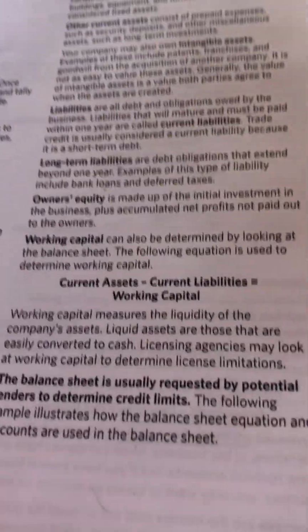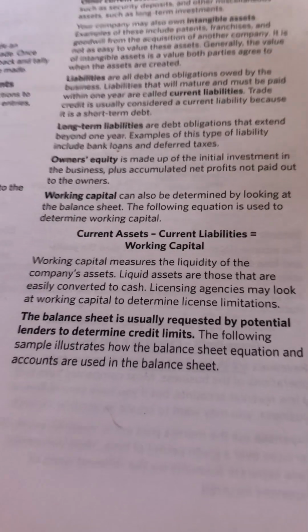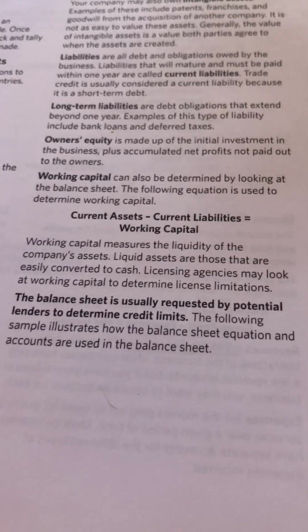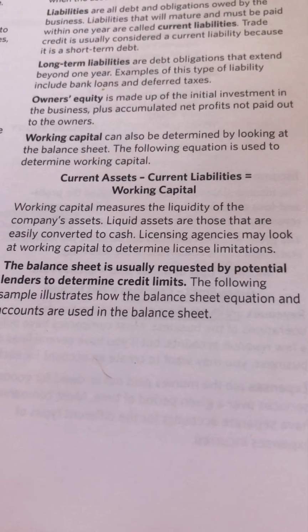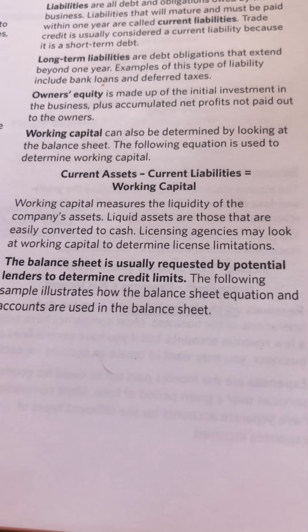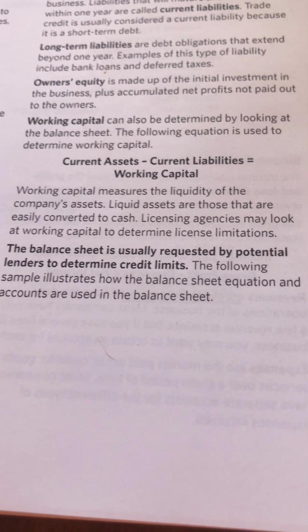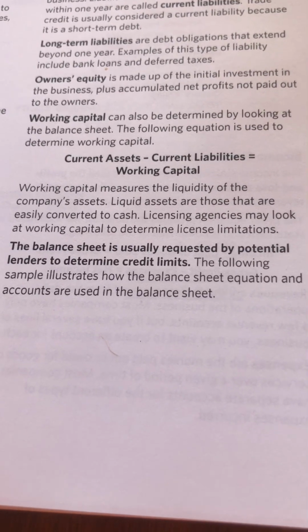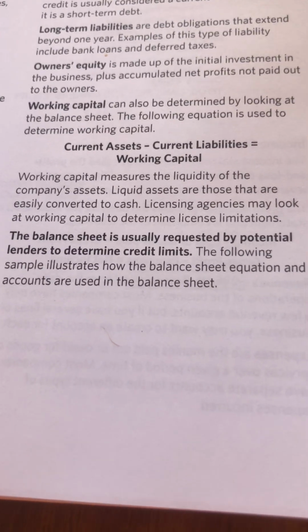The working capital. Assets minus liabilities is working capital. It measures the liquidity of the company's assets. Liquid assets are those that are easily converted to cash. Licensing agencies may look at working capital to determine license limitations.